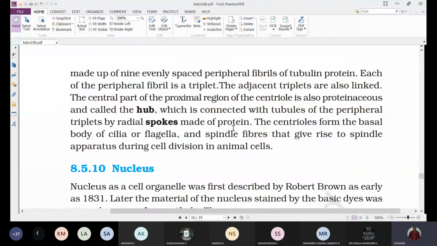That's why the basal bodies have triplets, whereas the cilia and flagella have only doublets as the peripheral microfibrils. And along with that, the centrioles are also involved in the formation of spindle fibers of the spindle apparatus, which are involved in the cell division of animal cells.